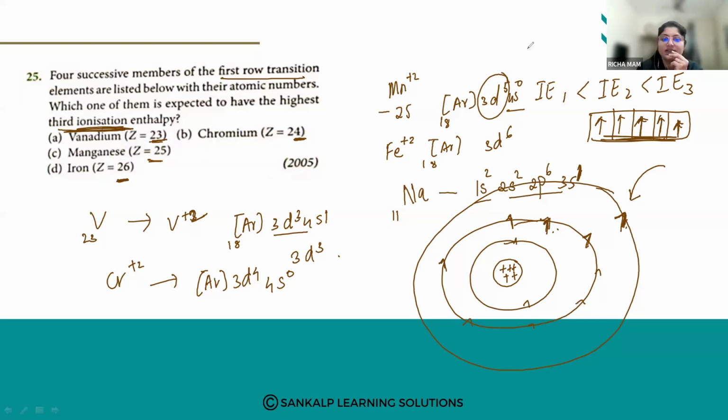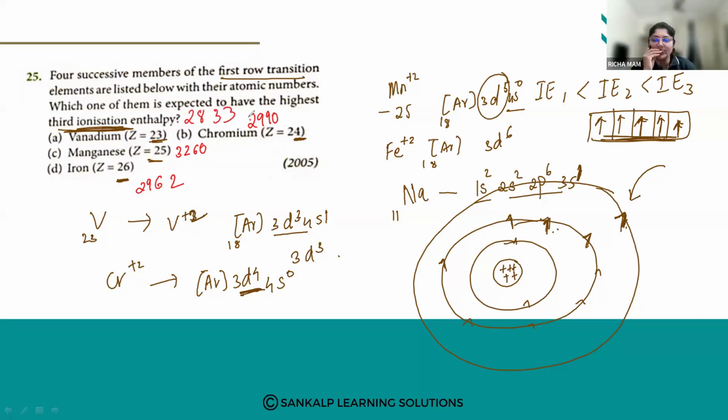Next will be your ionization enthalpy values. For Mn the value is 3260, the third ionization enthalpy. For chromium, it is 2990. Then is your iron, with 2833. So this is the ionization enthalpy.